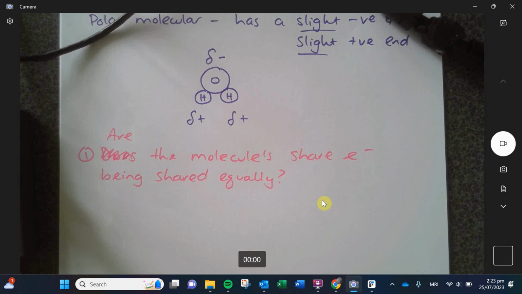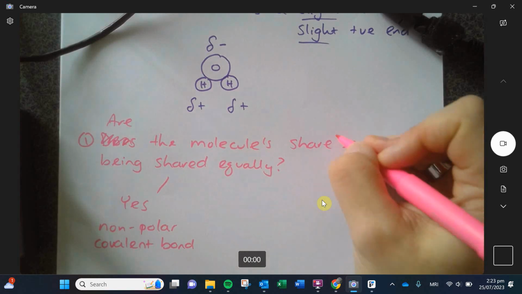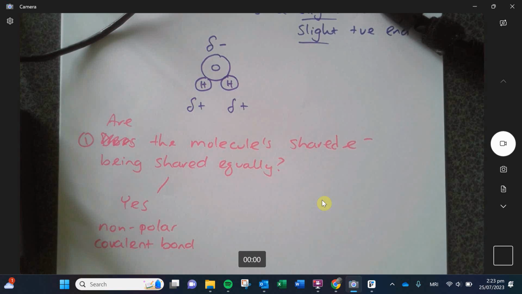If the answer is yes, they are being shared equally, well, then we call that a non-polar covalent bond. Now, it's going to be quite confusing because I'm going to be using the terms. Are the shared electrons being shared equally?